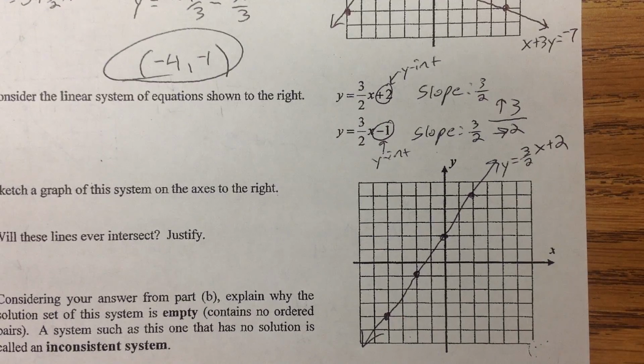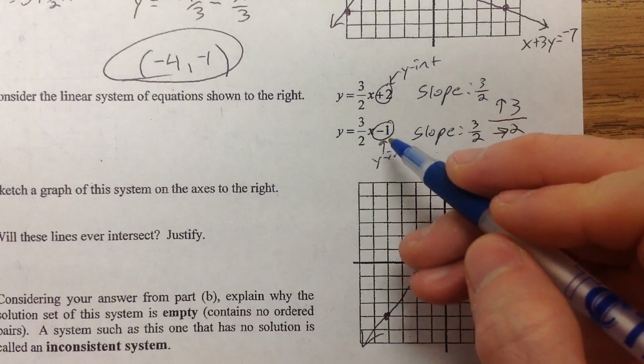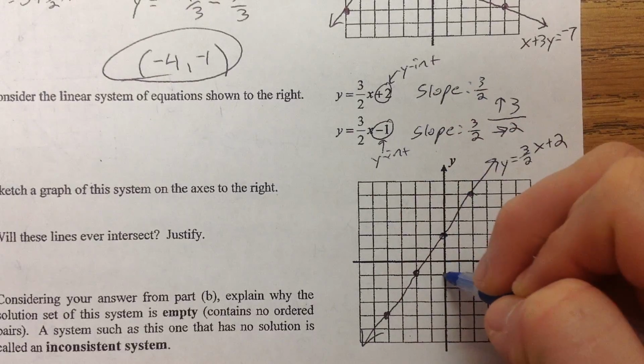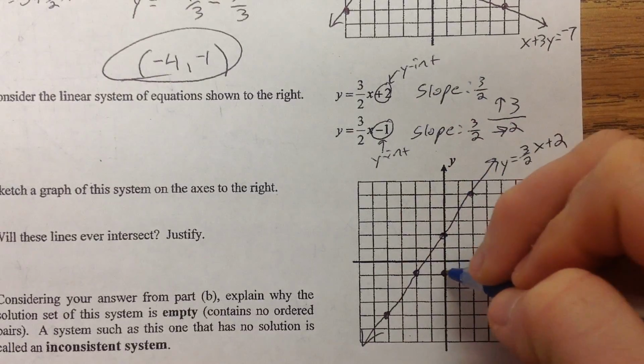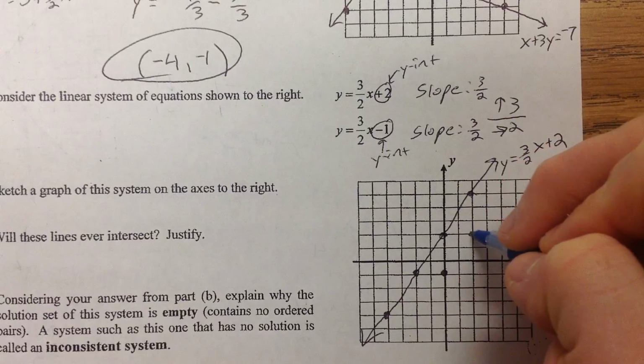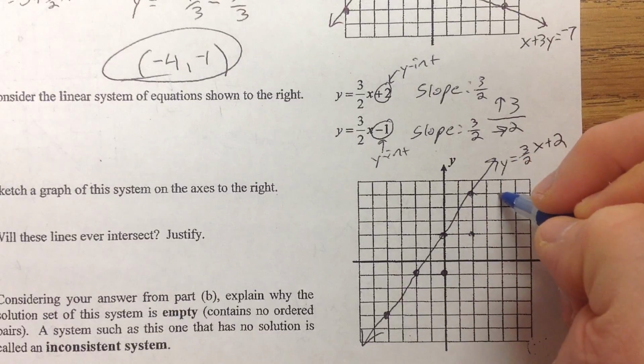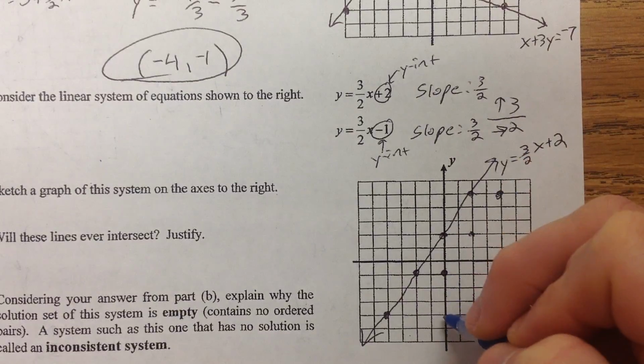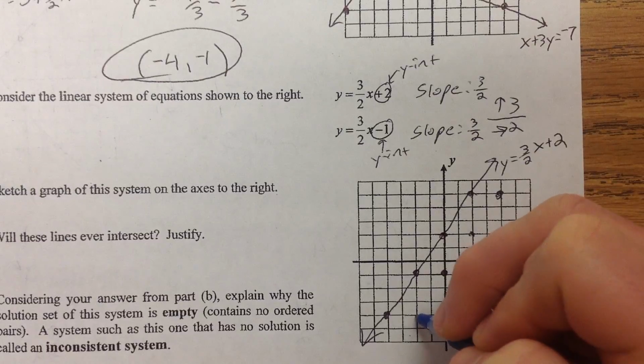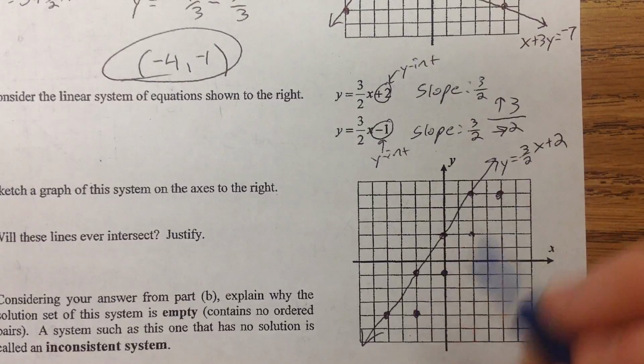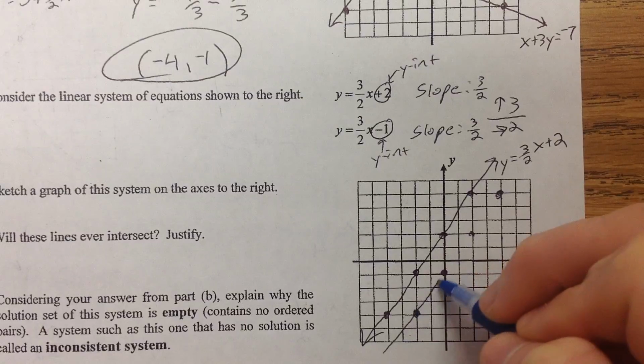Now let's do the other one. It's going to be the same exact movement, only this time we're going to start down at -1. So up 1, 2, 3 over 2, up 1, 2, 3 over 2, down 1, 2, 3, and then back 2. So let's connect these.